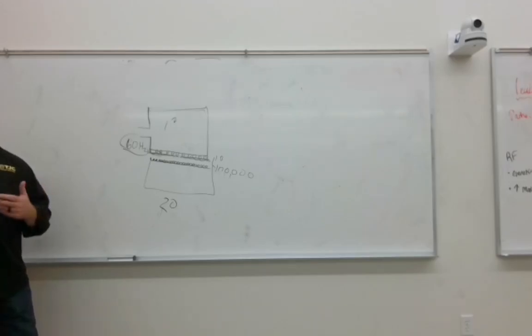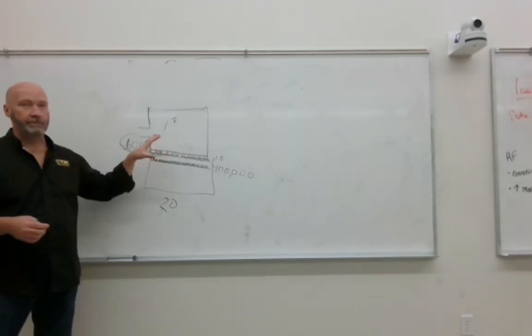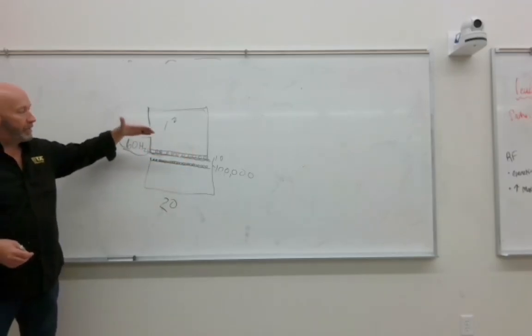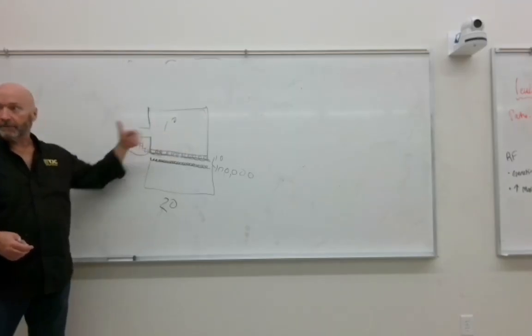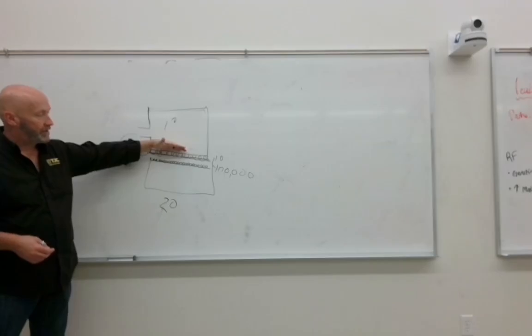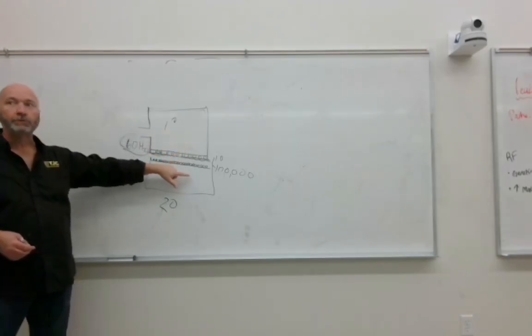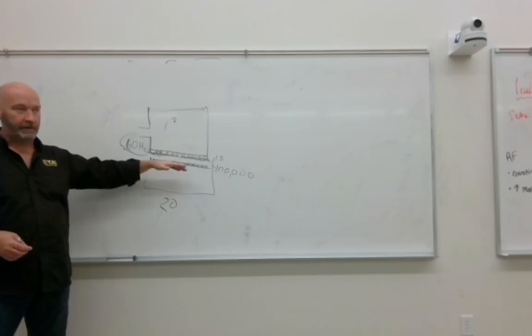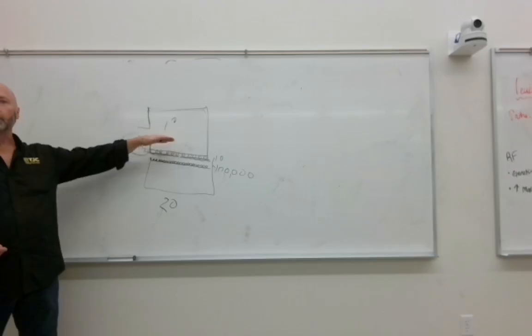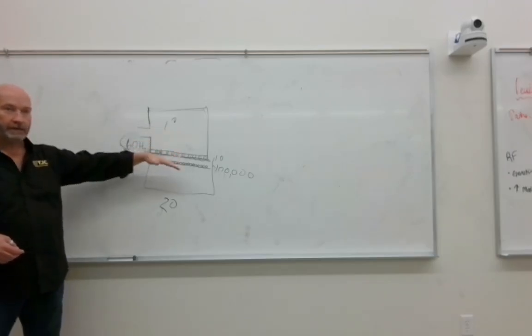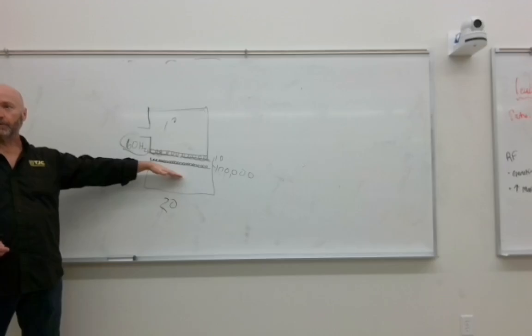It works off of what we refer to as mutual induction. We take electric flow to create a changing magnetic field, because it's alternating current, to induce an alternating current in the secondary coil. Mutual induction. This one induces electric flow in this one.